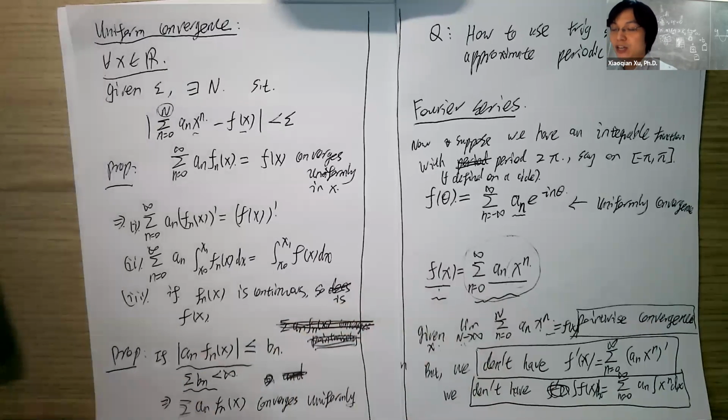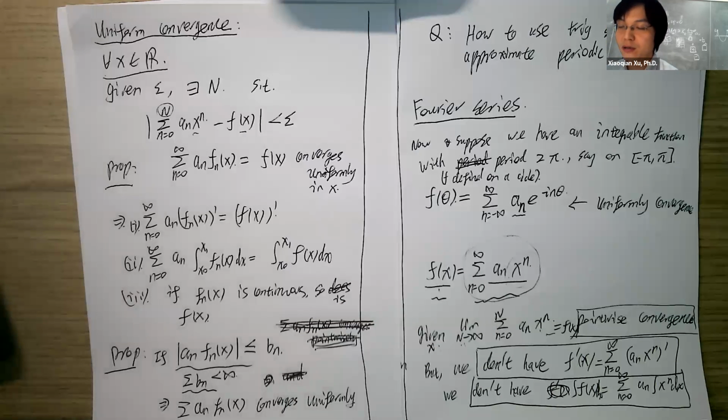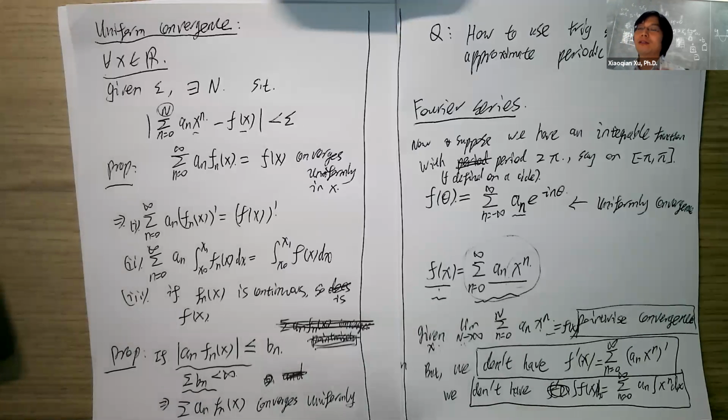So as long as each term of your sequence is bounded, it can be controlled by a convergent sequence. Then this function sequence also converges uniformly, and you can treat it just like a polynomial.